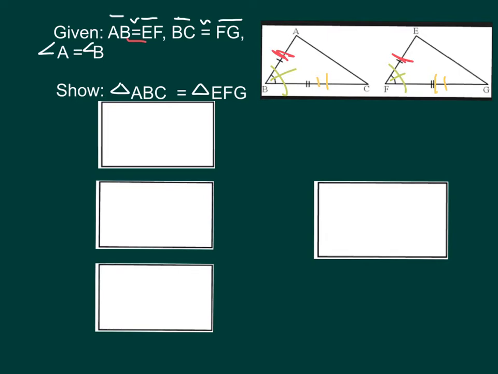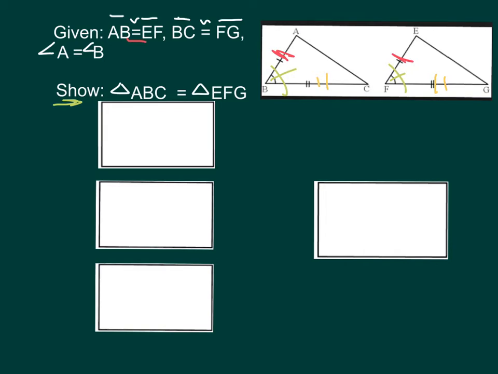So now I know what I'm looking at. You'll notice that there are 3 boxes on the left and 1 box on the right. A pretty good indicator on how to do these proofs is whatever you want to show should go into the last box. You might see show, you might see prove, want to show. All those phrases are used interchangeably.